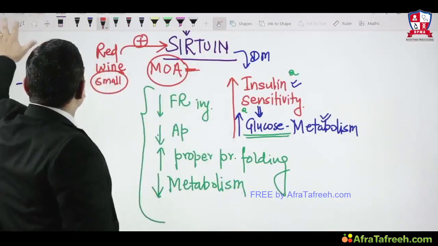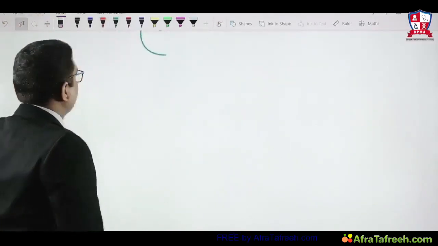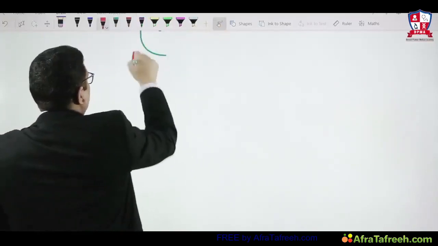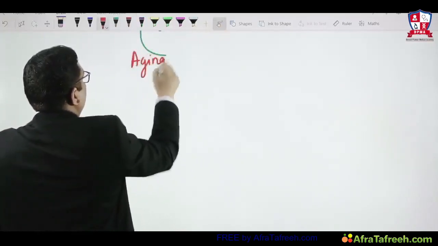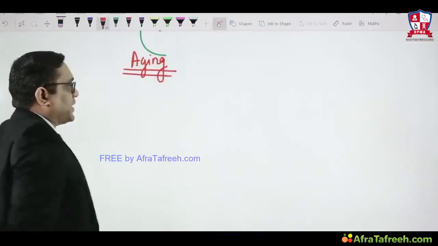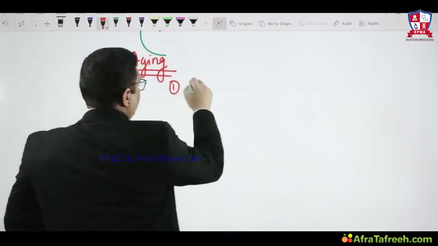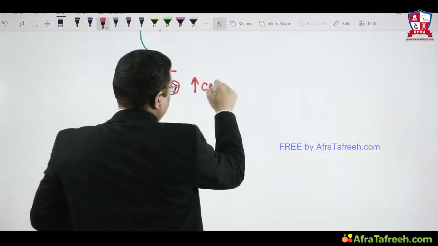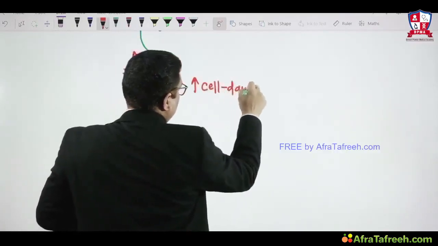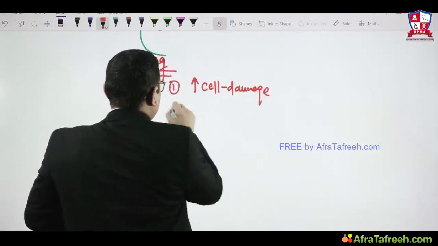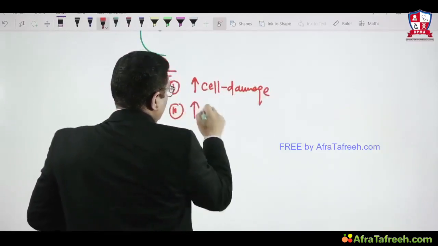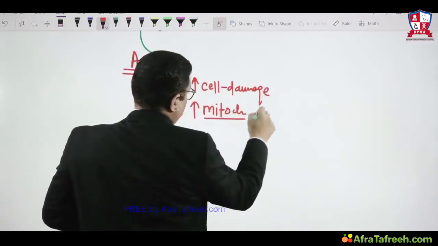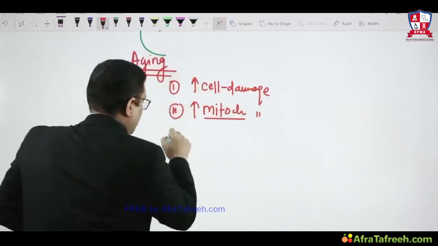So in aging, what changes will you see? Suppose a person is getting older, what changes will you observe? In aging, there will be increased cell damage, increased mitochondrial damage and organelle damage, right?